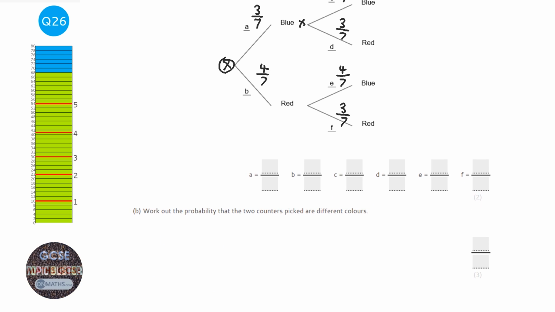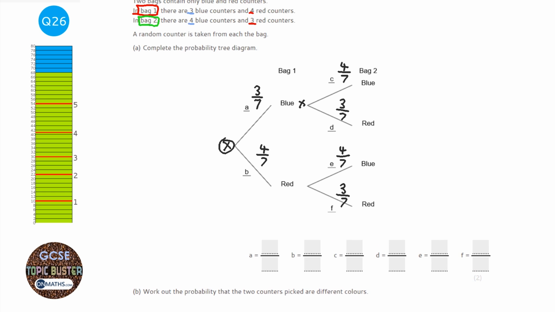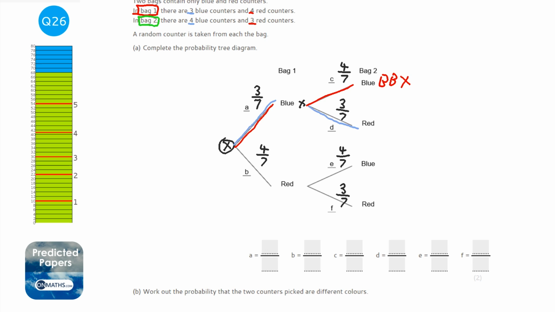It says work out the probability that 2 counters picked are of different colours. So let's follow the paths down. If I pick a blue and then a blue, I've ended up with a blue and a blue. Well, they're not different colours. So let's try another line. If I pick a blue and then a red, we want that one.